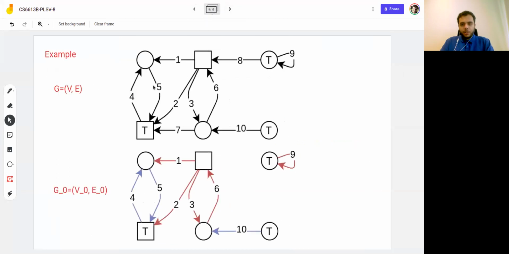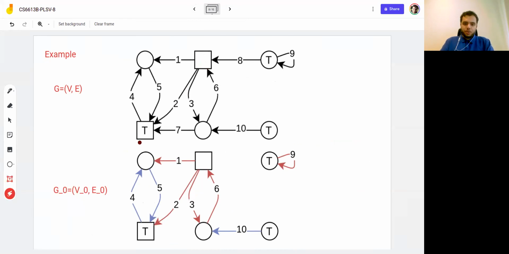So let's say that my graph G, my original game, was this one. And let's say that I'm showing player 1 vertices with a circle and player 2 vertices with a square. So first we had this ordering of the edges. And in the ordering of the edges, we said that the edges that go out of a player 2 non-target vertex come first.